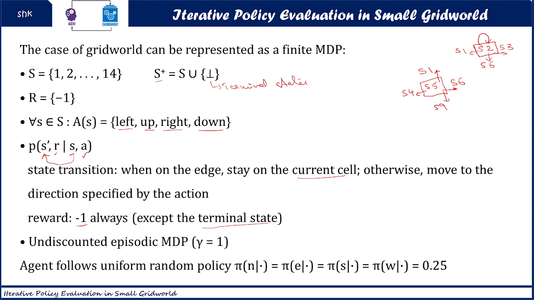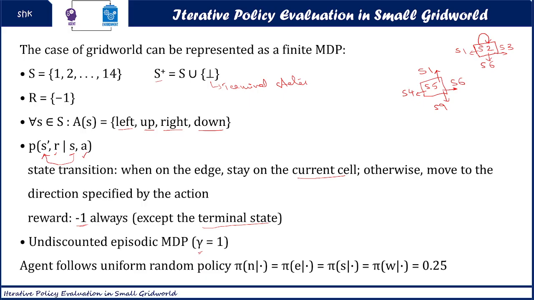As per the problem statement, it is an undiscounted episodic MDP, and the discount factor we are going to consider is gamma equal to 1, and all the four actions have equal probability.